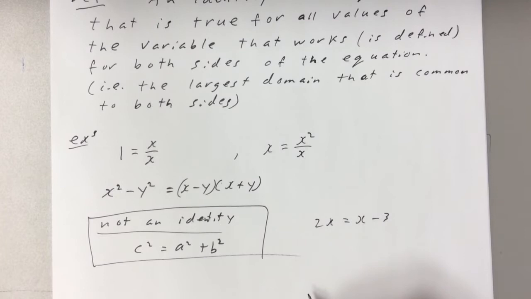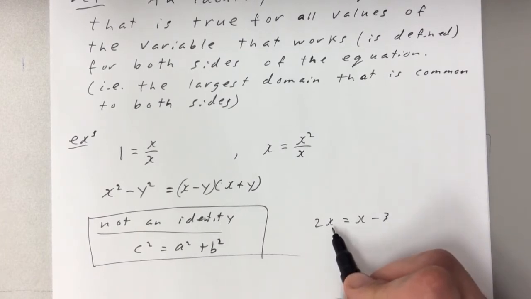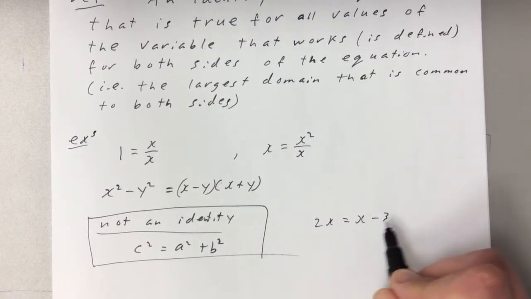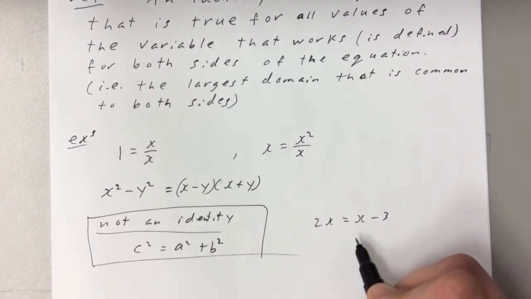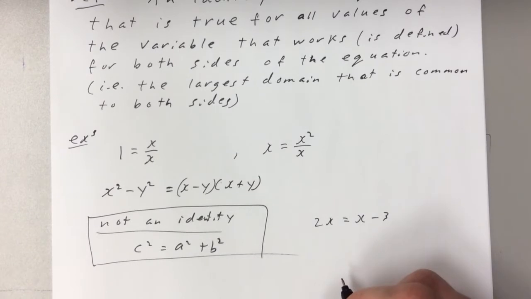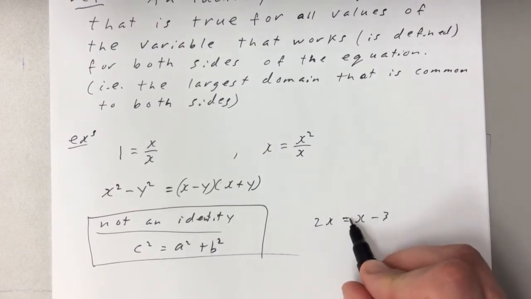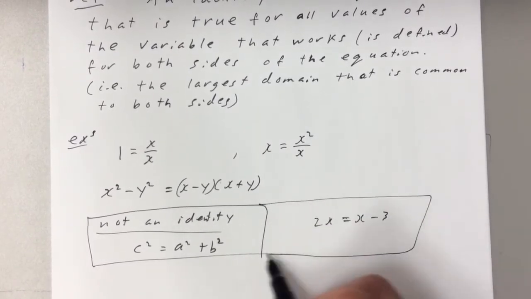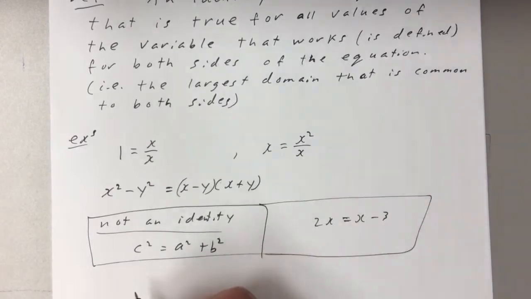That is not an identity, because if I chose x equal to 25, 2 times 25 is 50, and 25 minus 3 is not 50. This is solvable. It's true for one value of x, but it's not true in general. Okay, so that's also a non-identity.